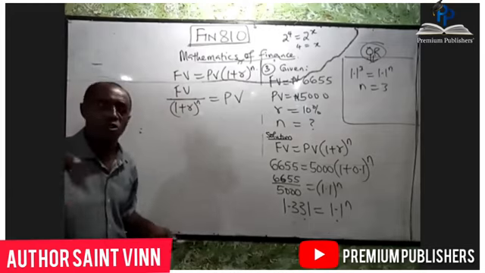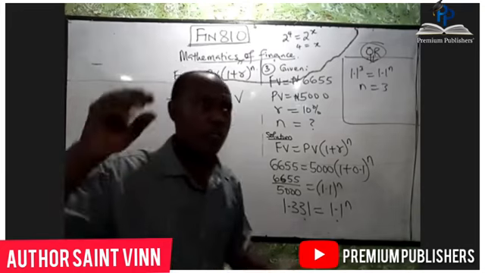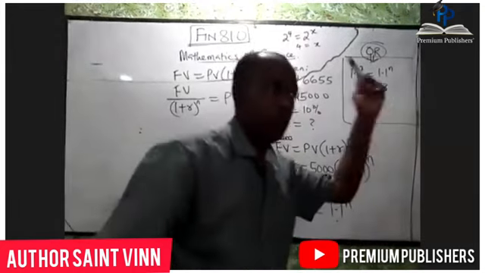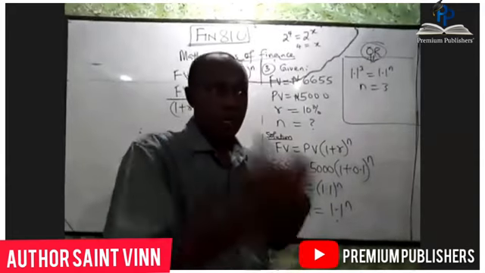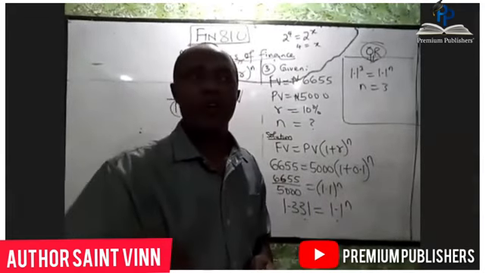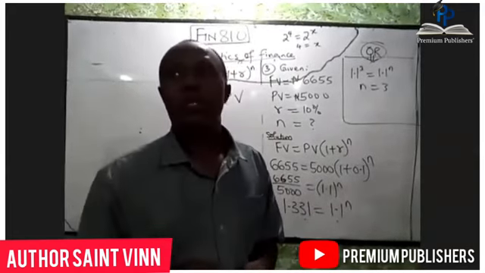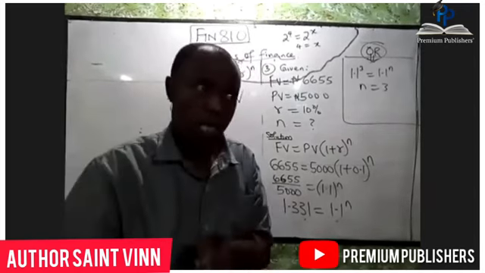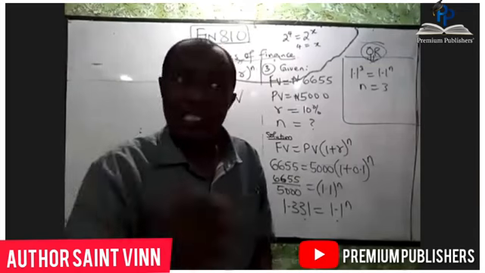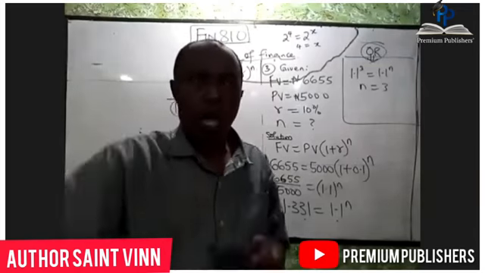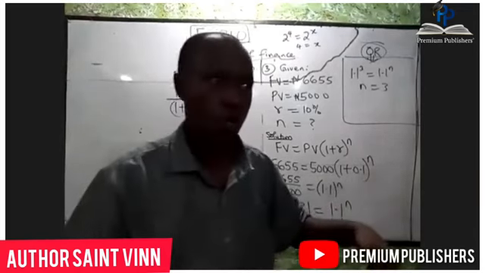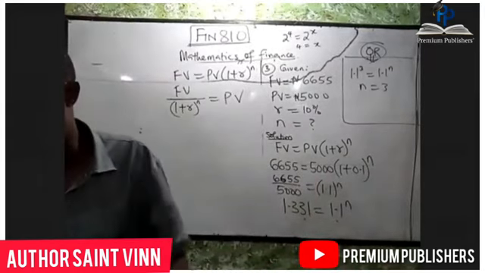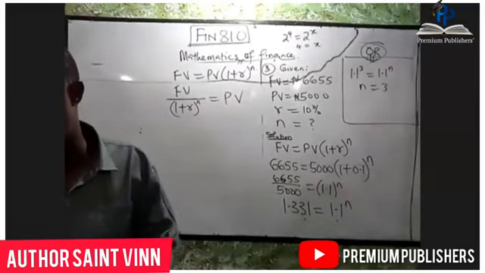And that present can only lead us to future if we compound that present to give us future. Reverse: if I know the future, I will discount, a kind of reduction, a kind of division. So discount there means division. So I will discount that future to be equal to the present. Is that okay? That's what we're talking about.